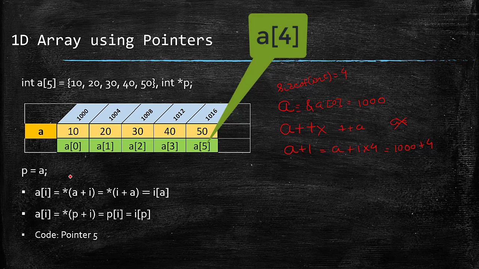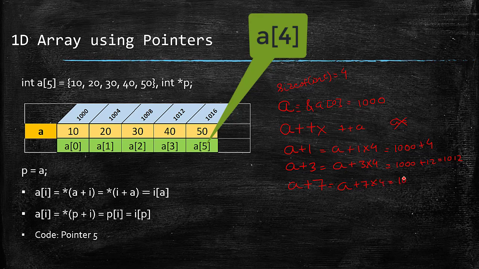Similarly, if I perform A plus 3, what value should I get? A plus 3 into 4, that is 1000 plus 12, 1012, which is the address of the A3 cell. And if I perform A plus 7, then A plus 7 into 4, that is 1028.